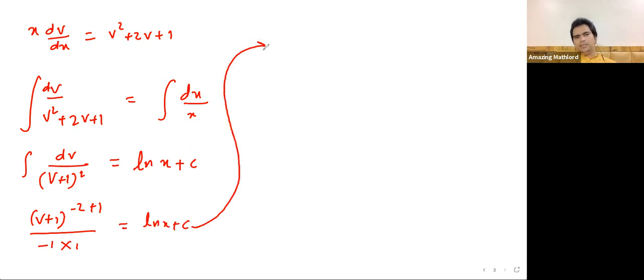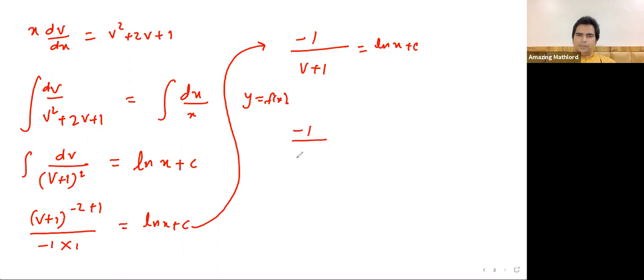After this step, we got -1 over (v plus 1) equals ln x plus c. Sometimes they say to write y as f of x, meaning it has to be an explicit function. So instead of v, we put y upon x: -1 upon (y upon x plus 1) equals ln x plus c.